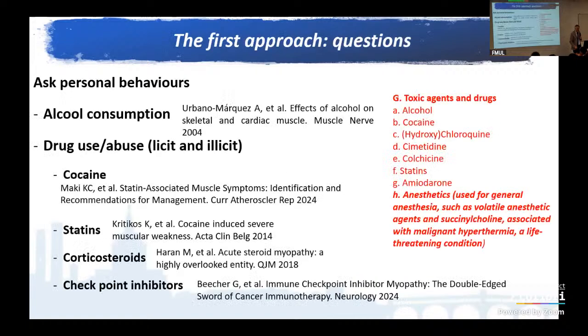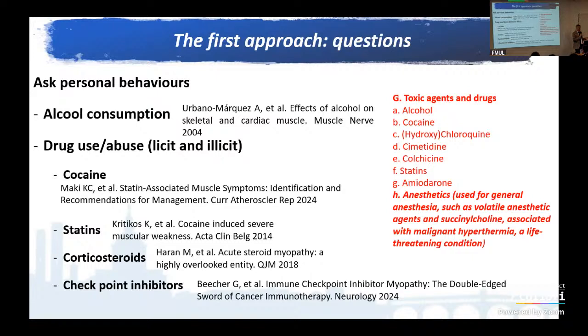Then we should always ask for personal behavior, as for example alcohol consumption, drug use or abuse, both licit and illicit. For example, cocaine may be a leading cause of increase of CPK, not only of vasculitis-like problems, but also increase of CPK. The use of statins also should be considered, with different caveats that I'll present later.